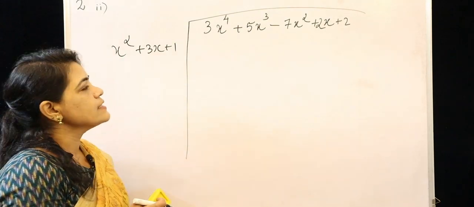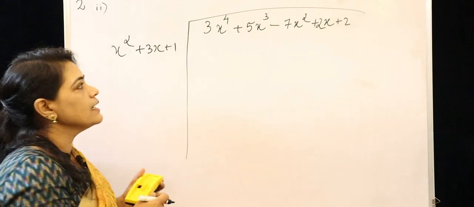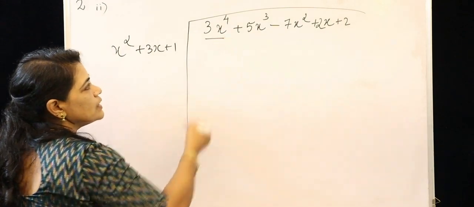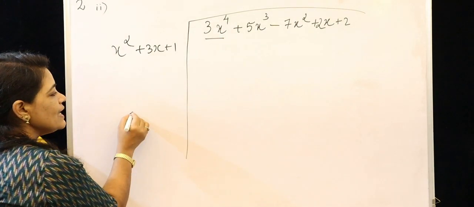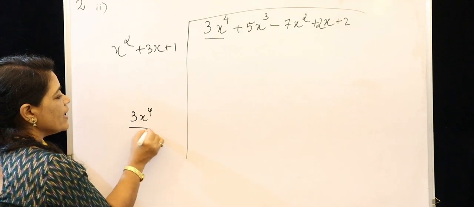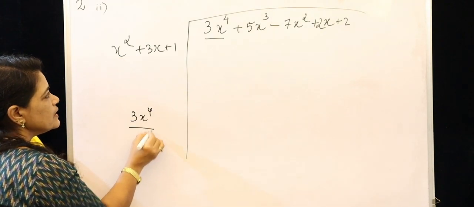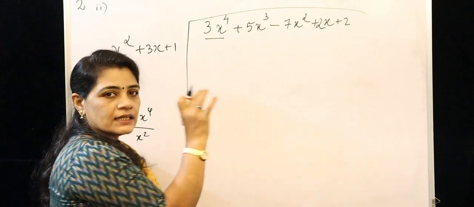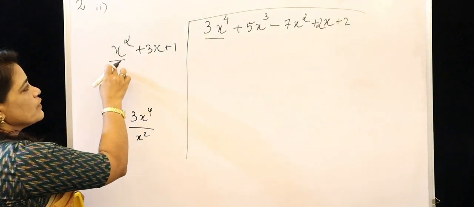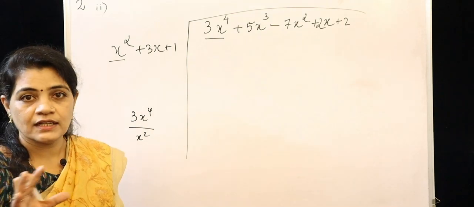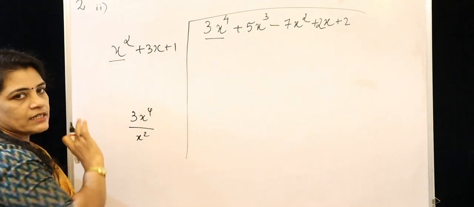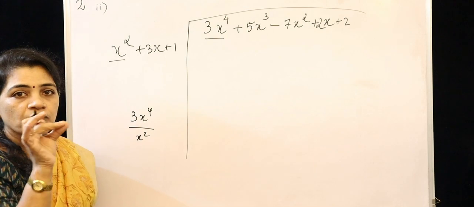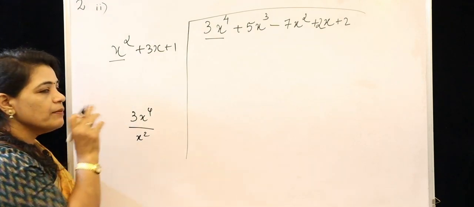So we can start division by considering the first term in the p of x, that is 3x raised to 4, divided by x square. Always we are dividing the first term of p of x with the first term in the g of x, there is no change for the denominator. That is, x square should come in the first term divided by x square.